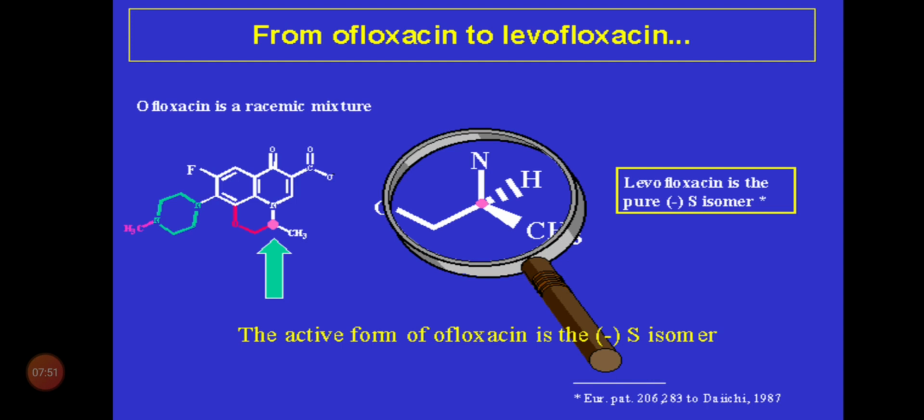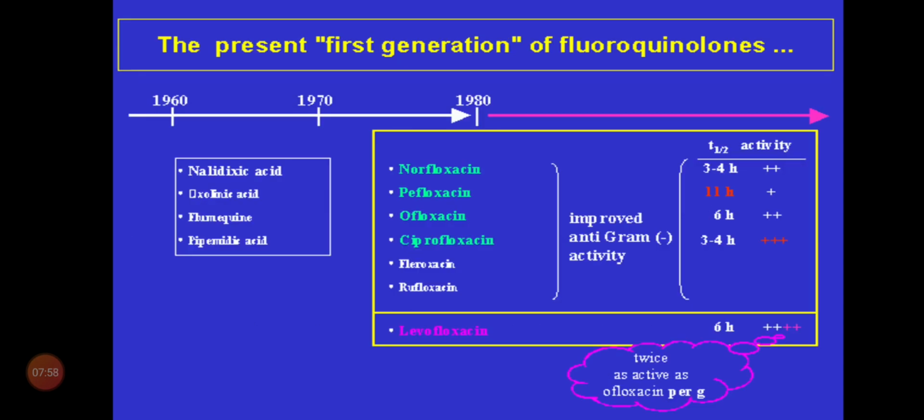So levofloxacin is the pure S isomer of ofloxacin. Levofloxacin has a half-life of 6 hours and is more active, twice as active as ofloxacin per gram.